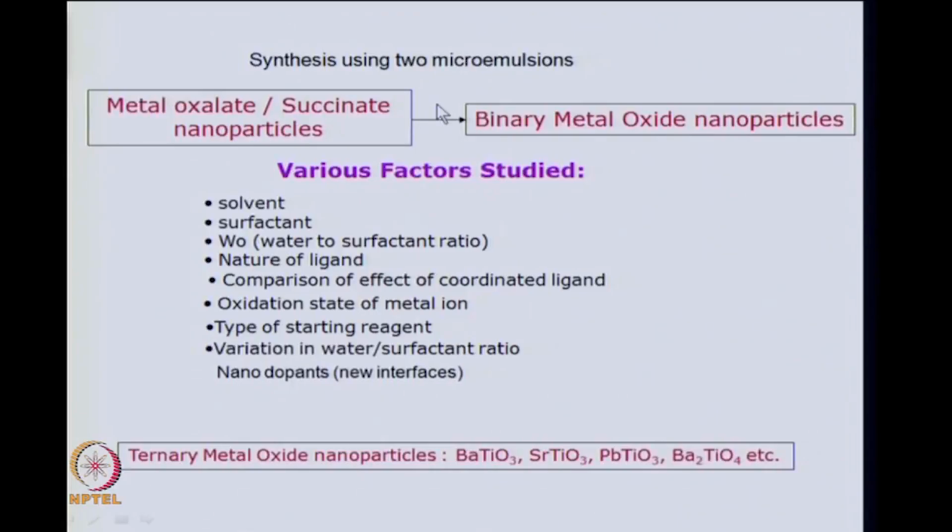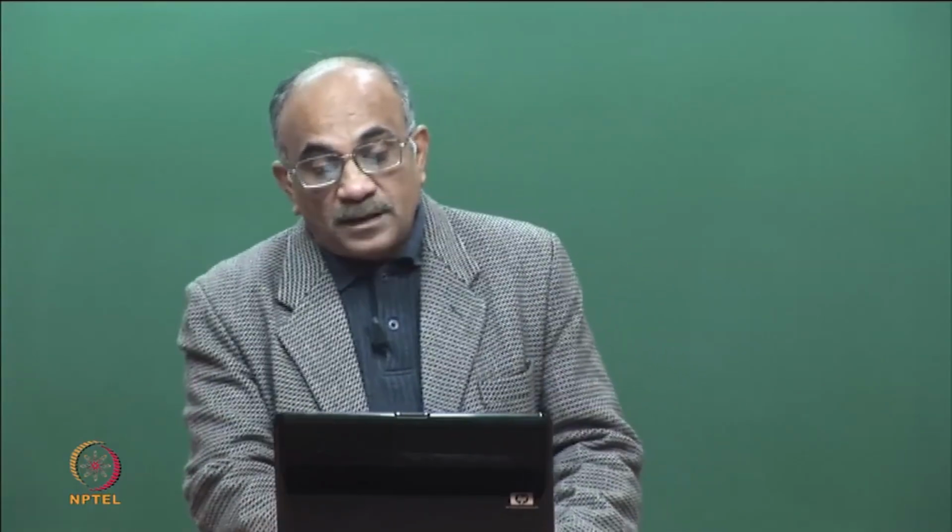In our earlier lecture, we discussed that whenever we have to make nanomaterials using microemulsions, we start with 2 or 3 or 4 microemulsions, depending on whether we want a binary oxide or binary chloride or ternary material or quaternary material. Depending on that, the number of microemulsions that you take increases.